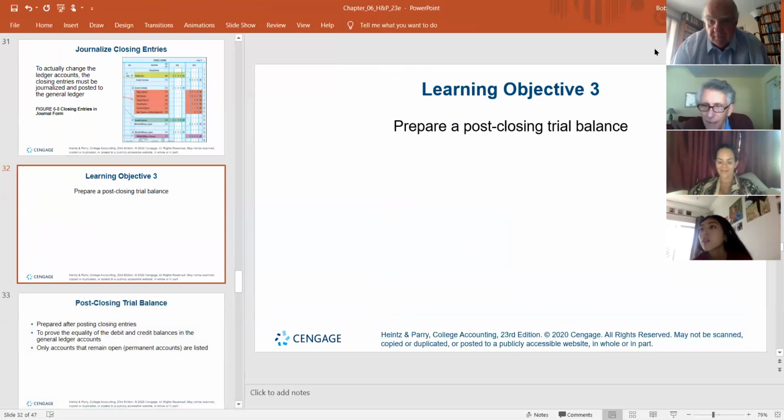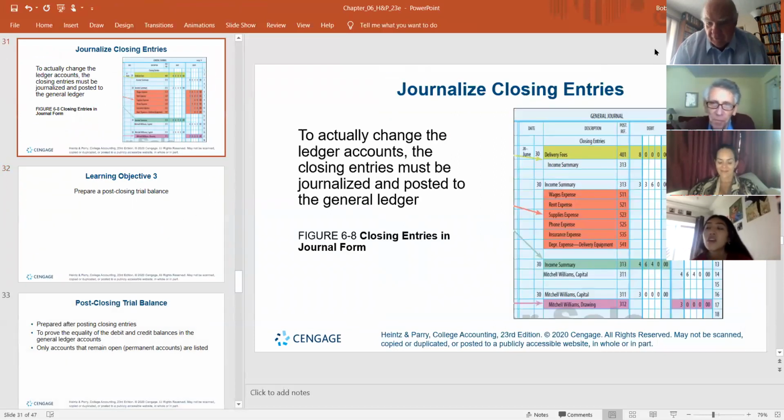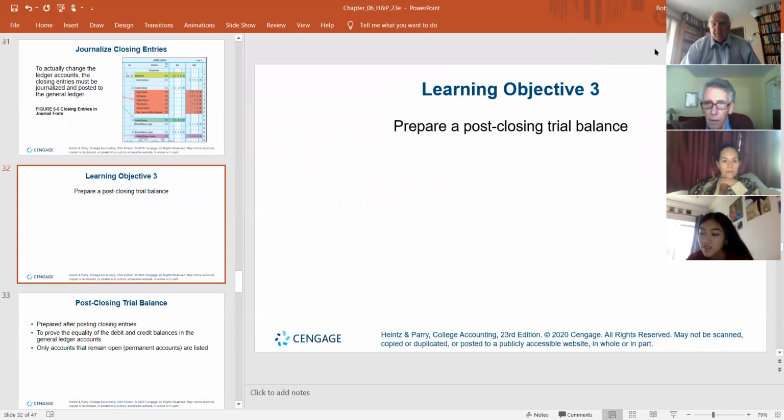Here we go. Now that we've closed everything, our balance is 0 for all of the revenues and expenses. That's the whole point. We moved the revenues and expenses at month end into the balance sheet via equity. So now we do have one little tiny job left.